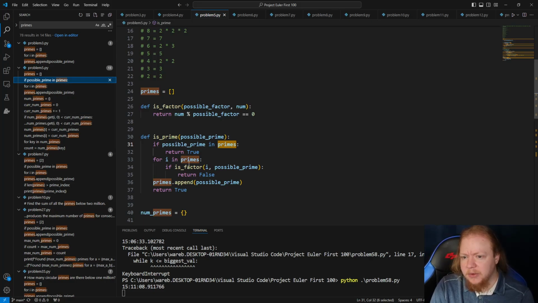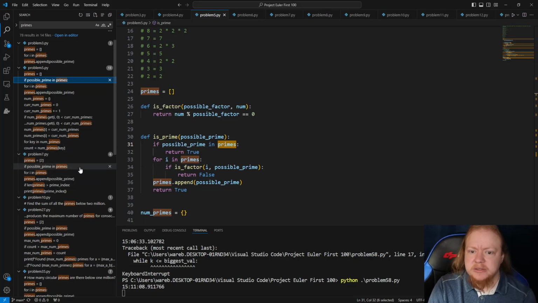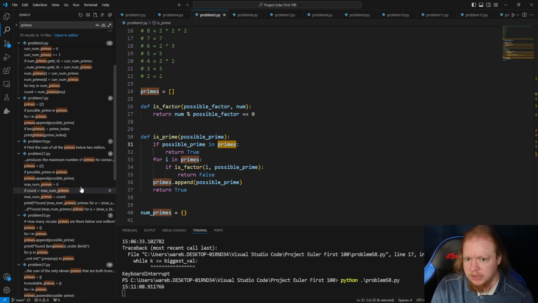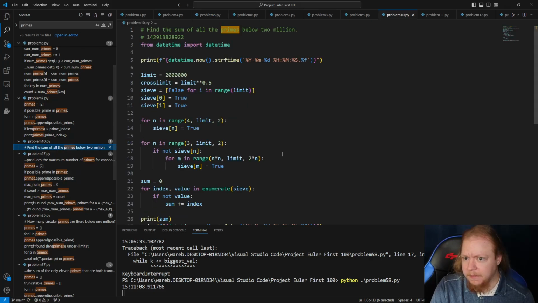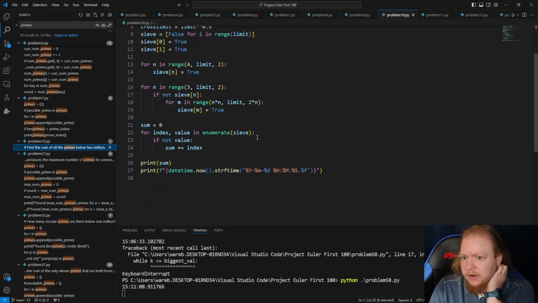And I think we've used this method repeatedly throughout these various problems in this series. Looks like it. And here's where we first used the sieve.